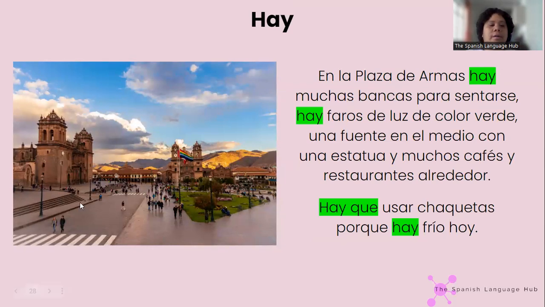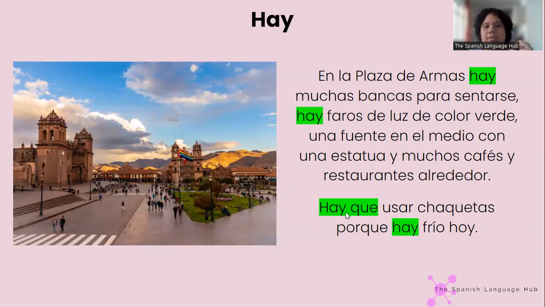There are green light posts, faros de luz. There is a fountain in the middle with a statue. You cannot see it in the picture, but it's there. There are many cafes, coffee shops, and restaurants all around it, alrededor.